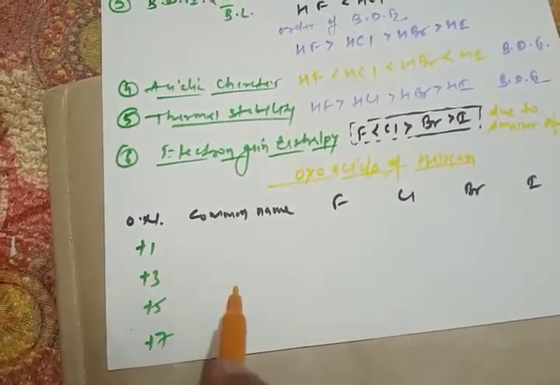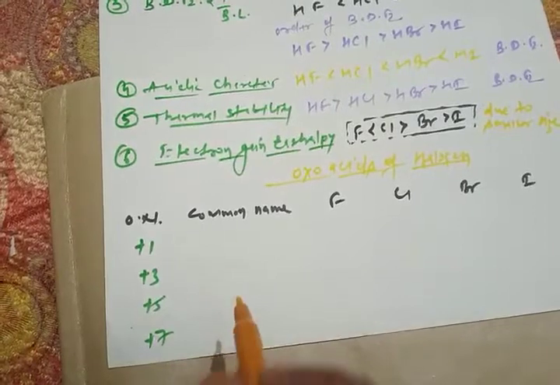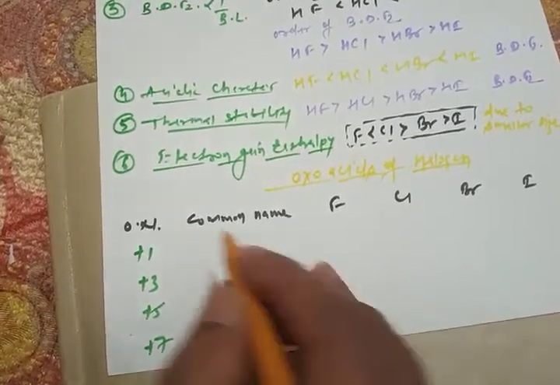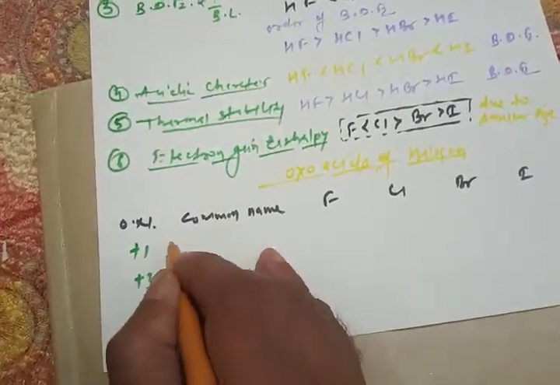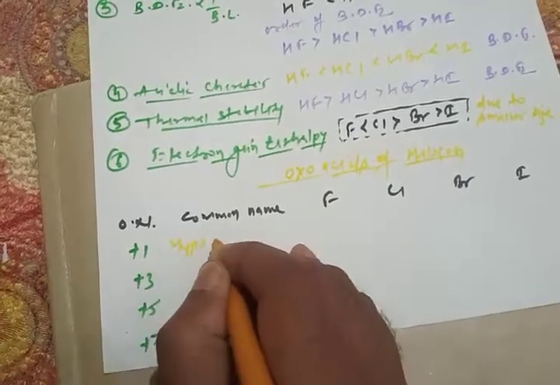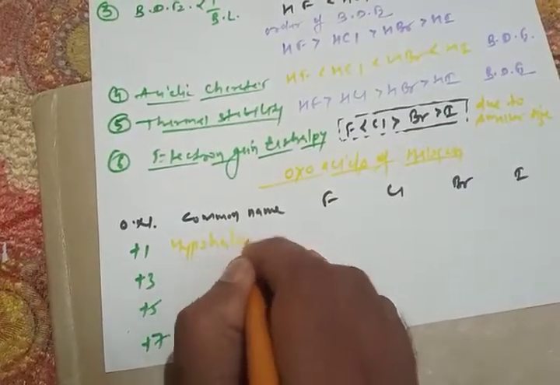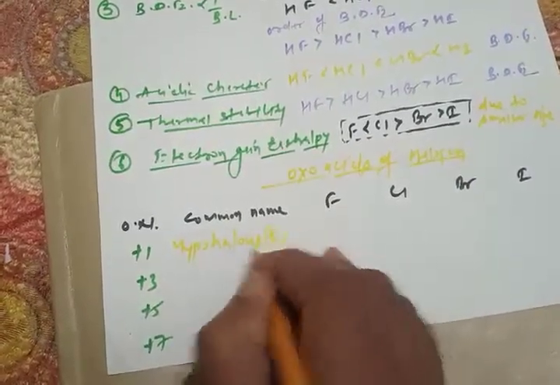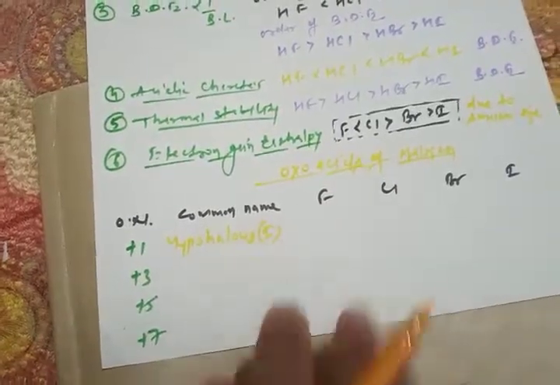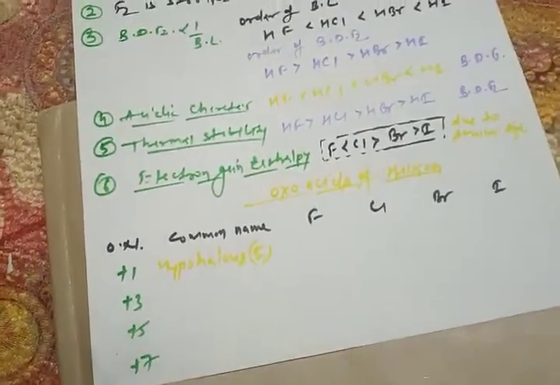Starting with the very first, the +1 oxidation state. The common name in the case of +1 oxidation state is hypohalous acid. So what are the examples?